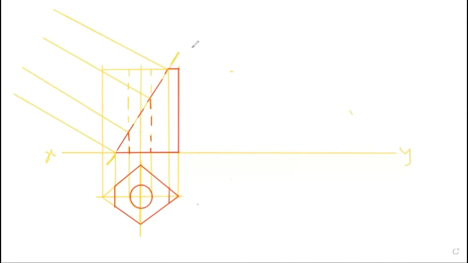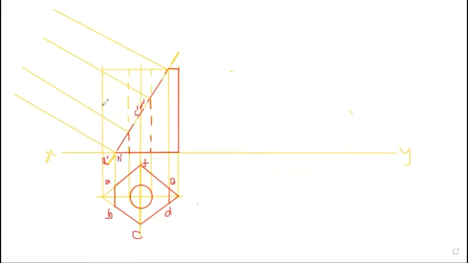So this will be A, B, C, D, E, and F. Because here, this point is not in the section part, so we do not consider the name at this point. Okay. So this will be A dash and B dash. This point will be C dash and F dash.